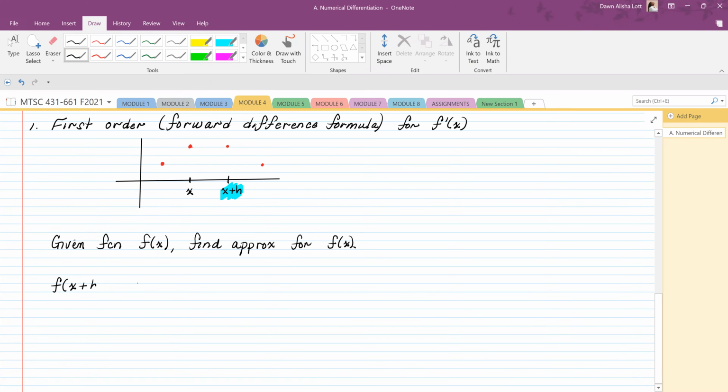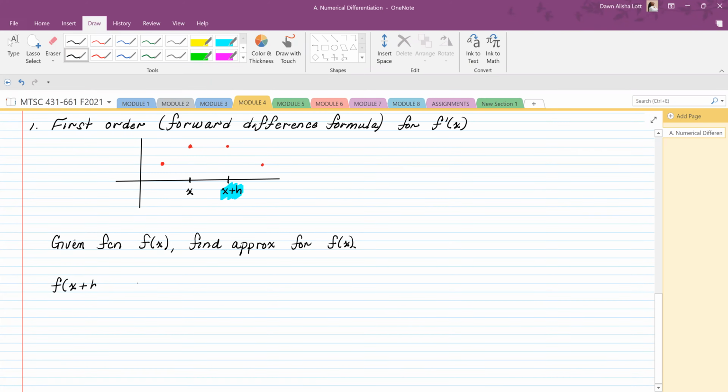So I'm still trying to get the first derivative, still trying to find a difference formula for f prime. I'm only deriving a difference formula for f prime at x, not anywhere else.